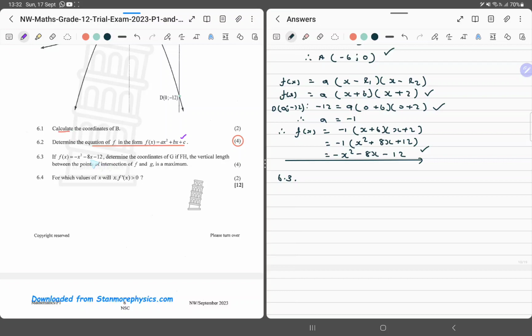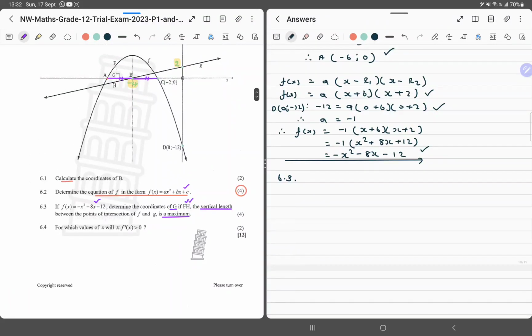Now, if f of x is, so they're confirming that we are correct, determine the coordinates of G. If FH, the vertical length between the points of intersection of F and G, is a maximum. Can you see that? Very great. So what are we looking for?